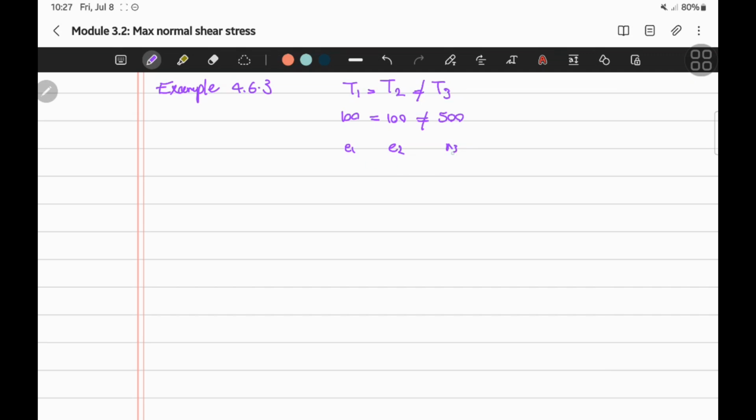So we have one between E1 and E3, so it's like E1 and then N3. So for this one, we have E1 plus minus N3 divided by 2.